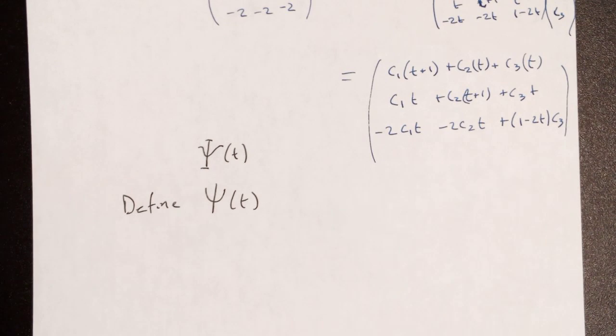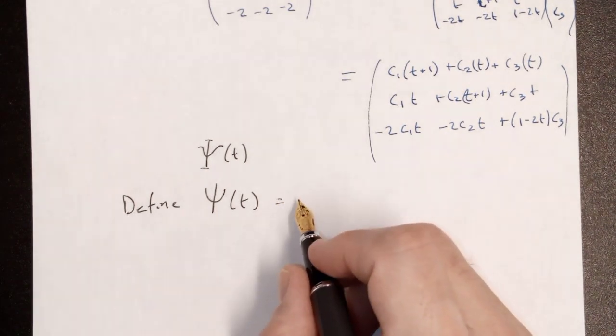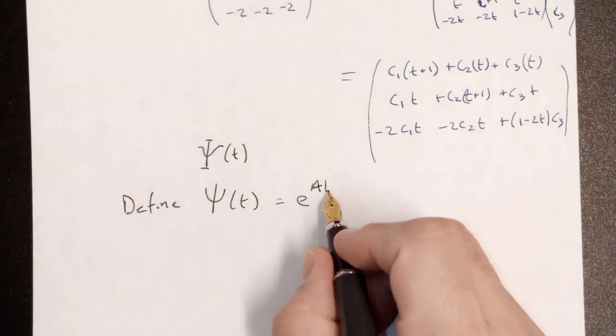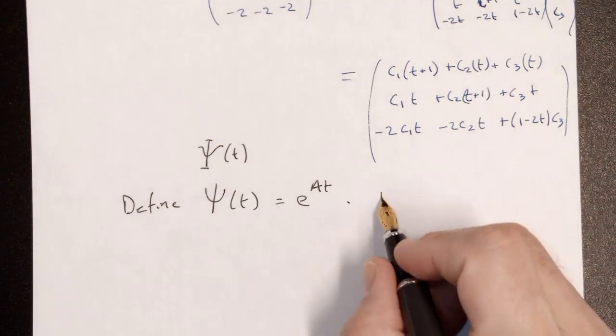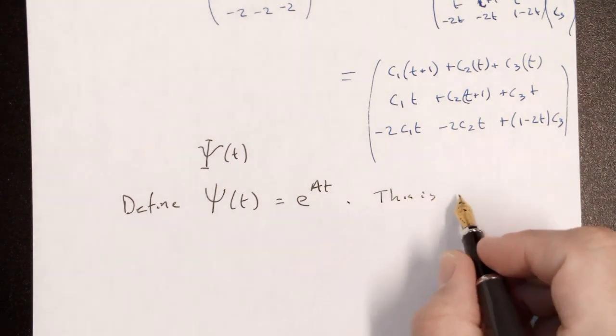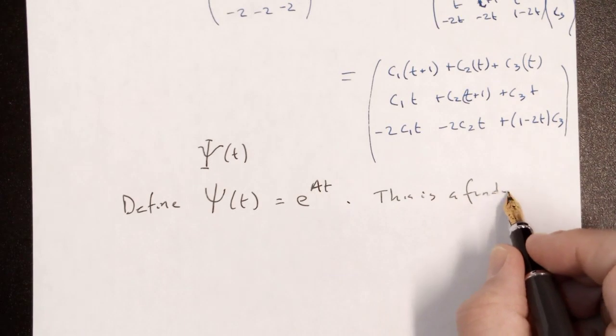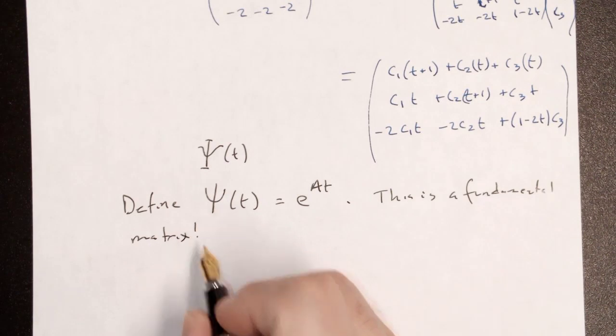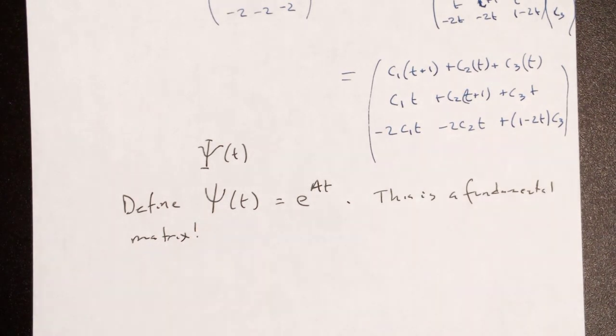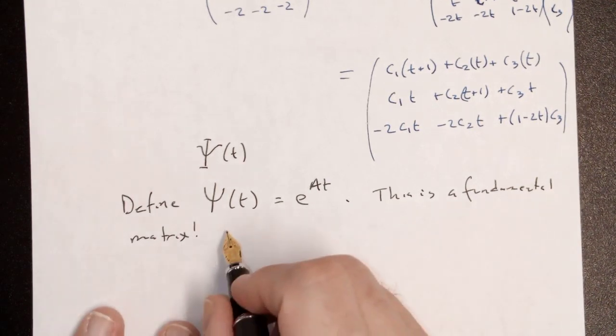Psi of t as e to the at. That is a fundamental matrix. That means it's invertible. Its columns become the solution vectors.